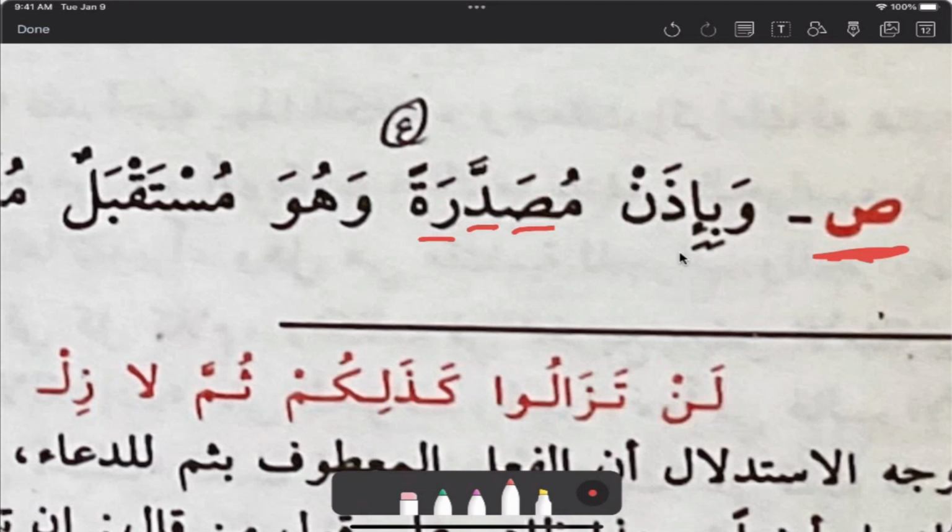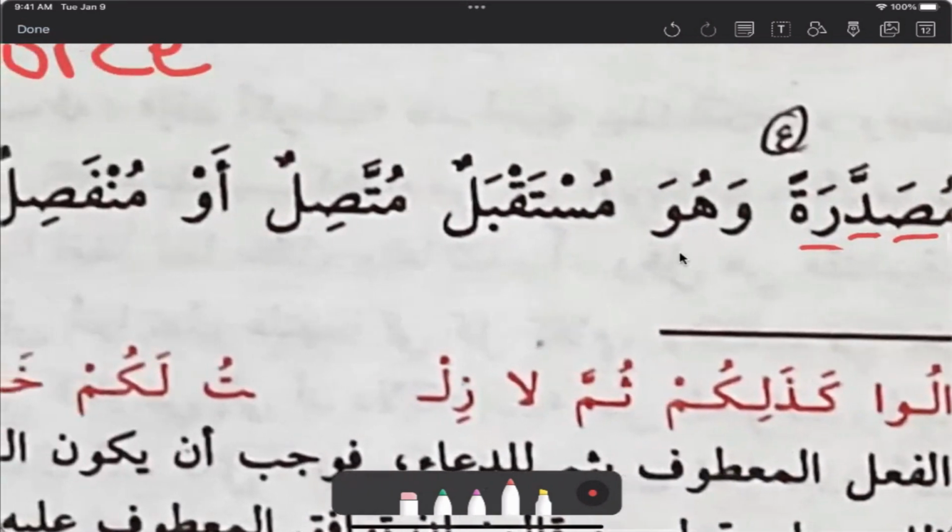What do you call the chest in Arabic? Sadr, the sadr. Wa huwa mustaqbal, and it needs to be for the future. These are all conditions. If you remember, why did Ibn Hisham start with len? He started with len, he told us, because len is very firmly rooted in the powers of naSoob.